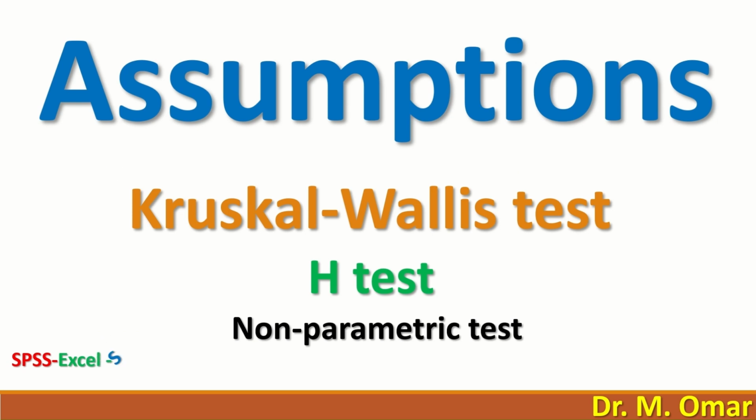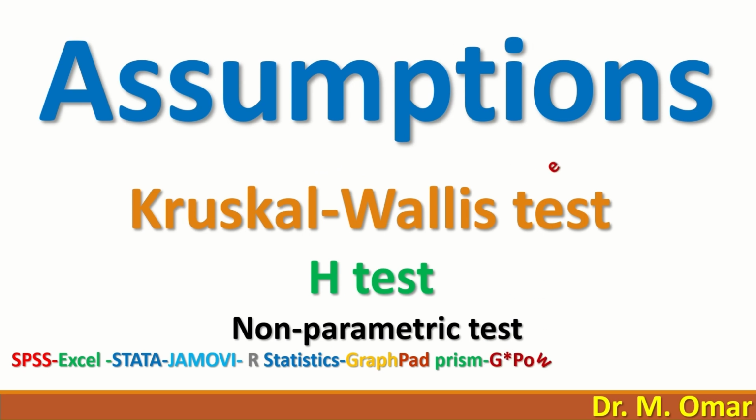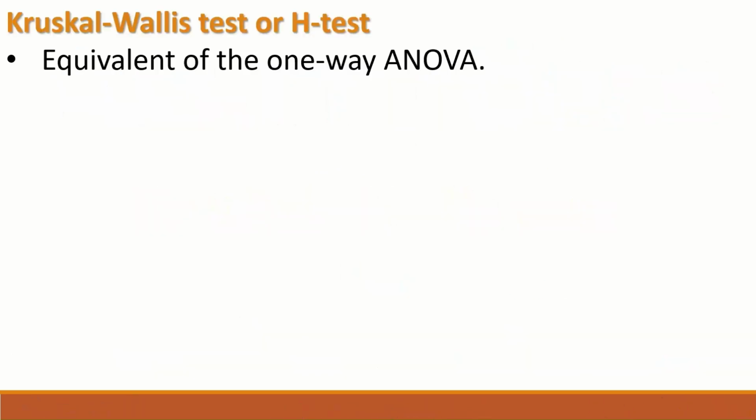Assumptions for the Kruskal-Wallis test, which can alternatively be called the H test, a non-parametric test. The test is an equivalent of the one-way ANOVA statistical test that will determine whether there is a difference between multiple groups, three or more groups.